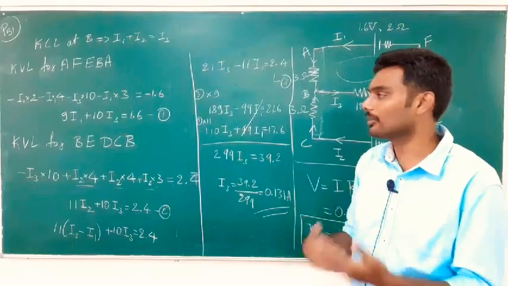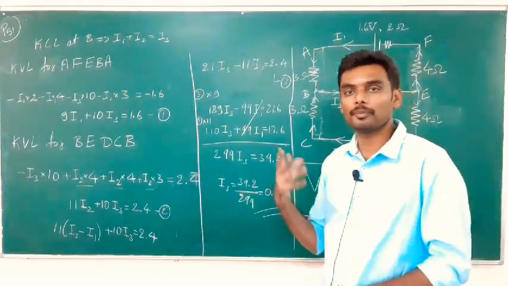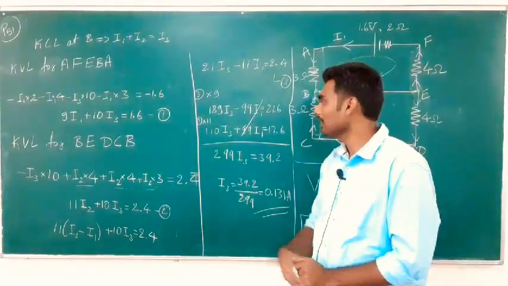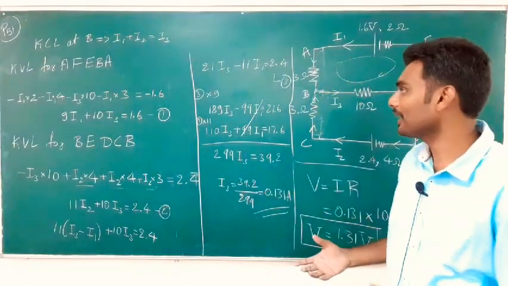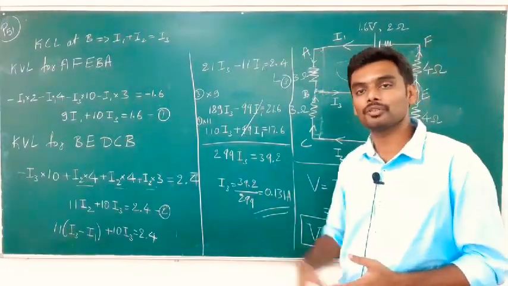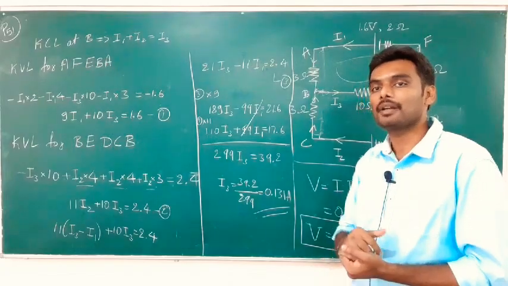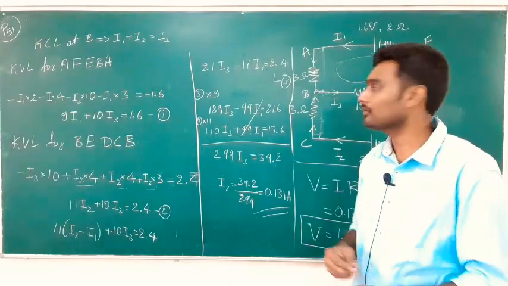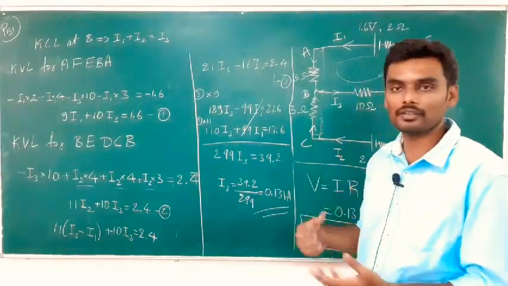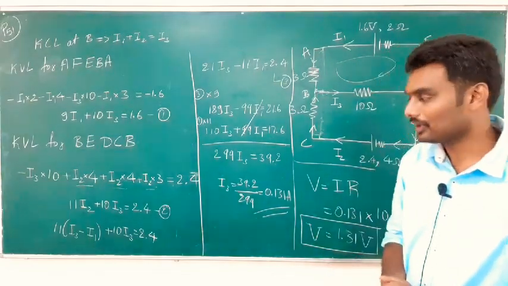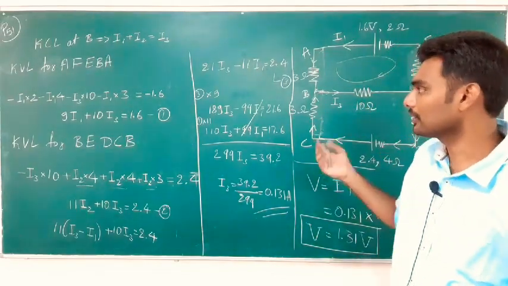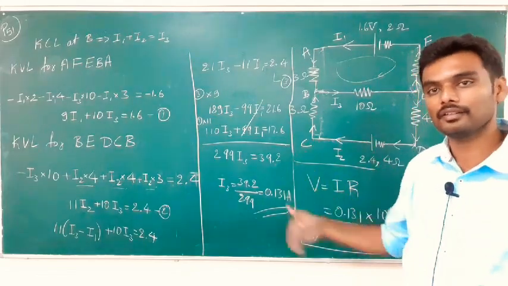And it should become fluent for you to apply KVL and KCL, okay. This might look like a big problem, yeah. Again, if you are solving for boards, you have to do it in detail, but if you are doing for competitives, you can do it by practice, it will come, okay. You don't need to do all those things, you just need to write the main things and you can do it easily.